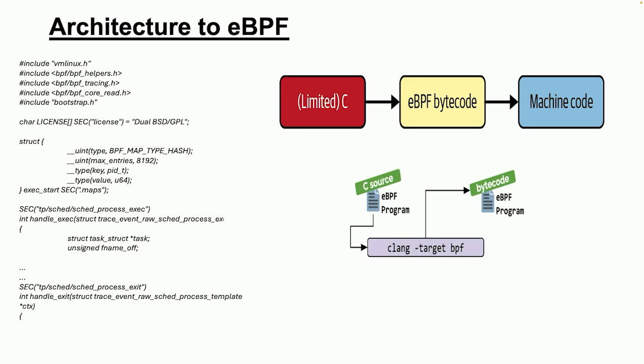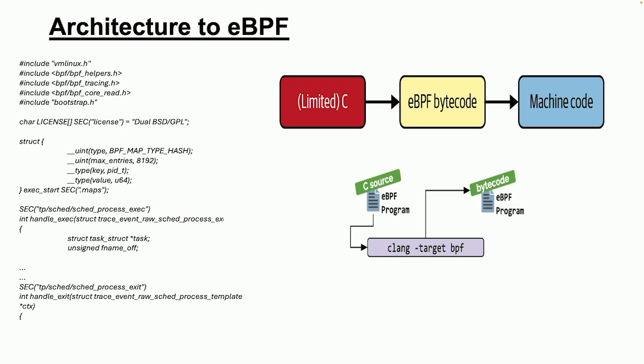When you compile this program, each of these sections will have a separate section in the binary ELF. There will be a separate section for each of these hooks, and those sections in the ELF will contain the BPF bytecode, the actual BPF program.